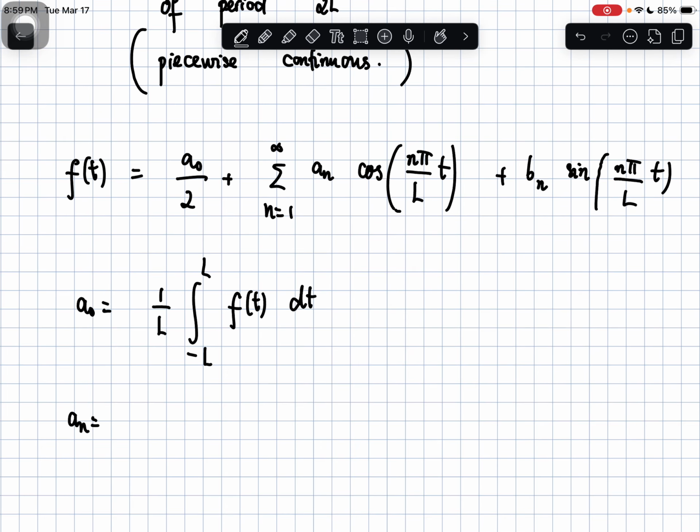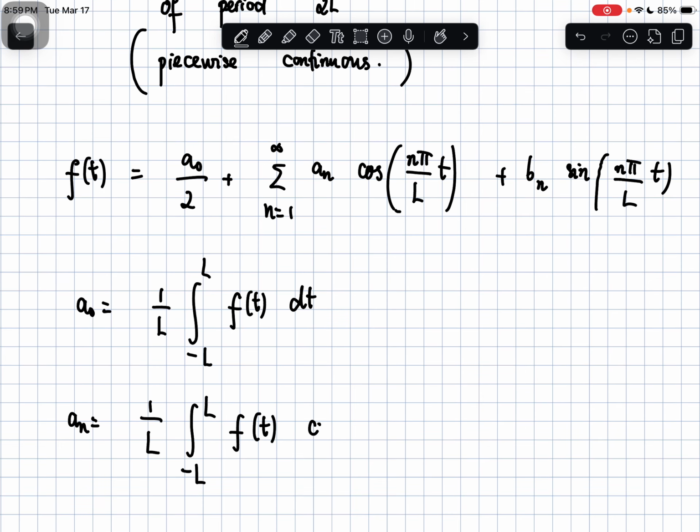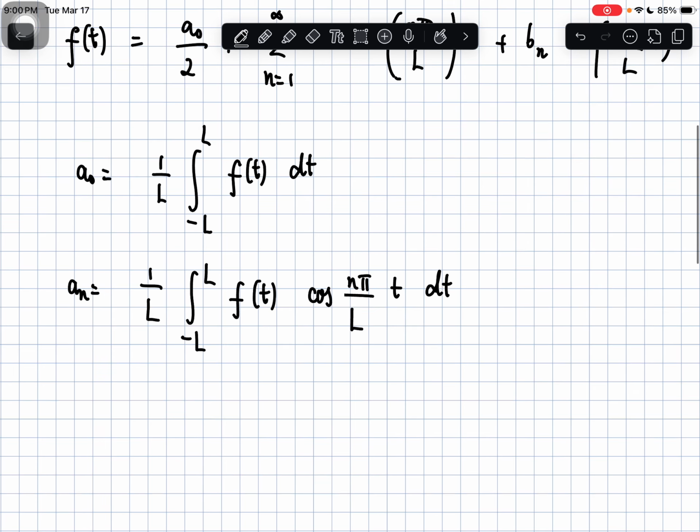An is 1 over L integral from minus L to L of f(t) cosine(n pi over L t) dt. And we can use one formula for both a0 and an. So for example, for the second formula we can start n from 0.